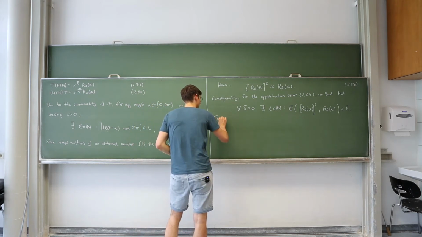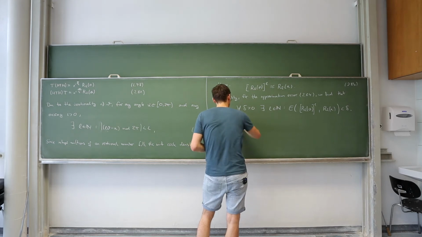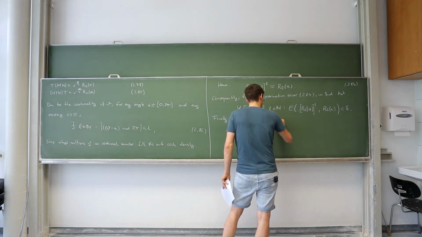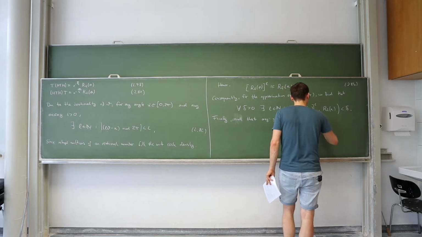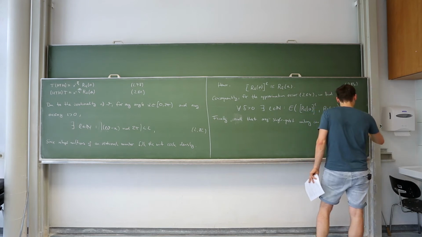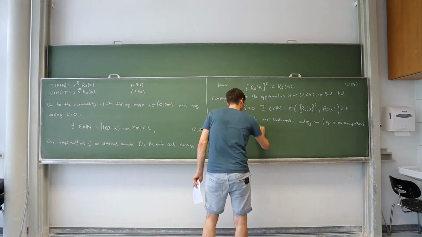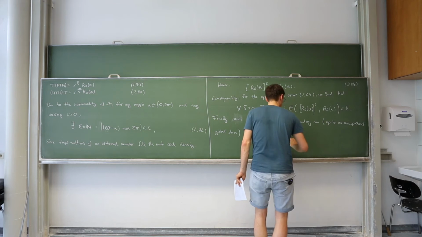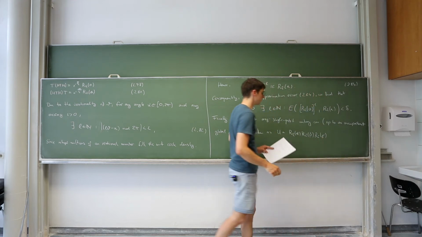So finally, recall that any single qubit unitary can, up to an unimportant global phase, be written as U equal to the rotation by angle alpha about n, rotation by an angle beta around m, and rotation by gamma around n.